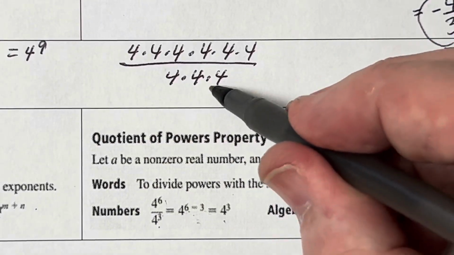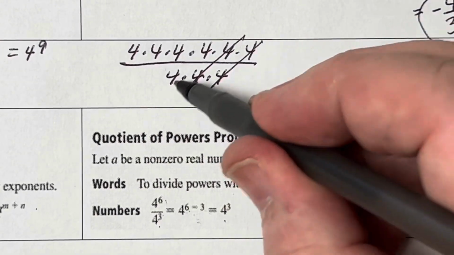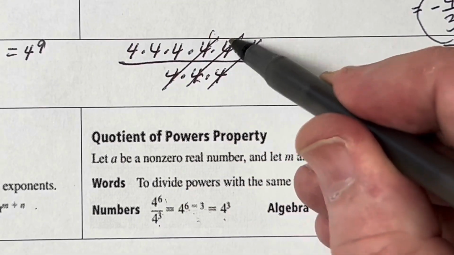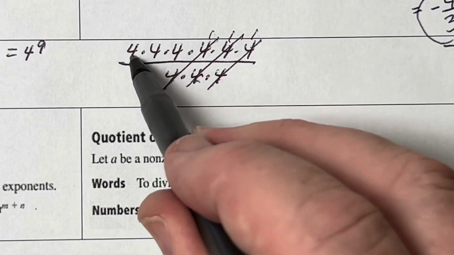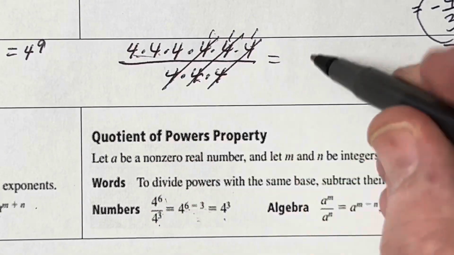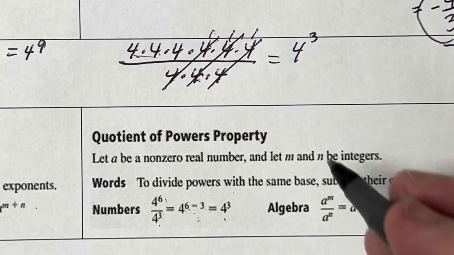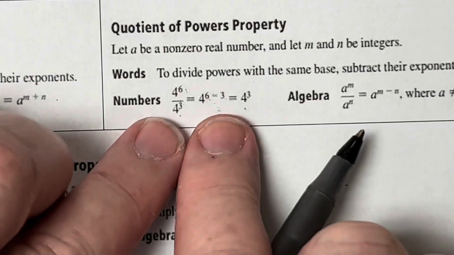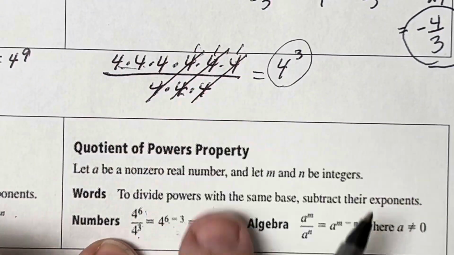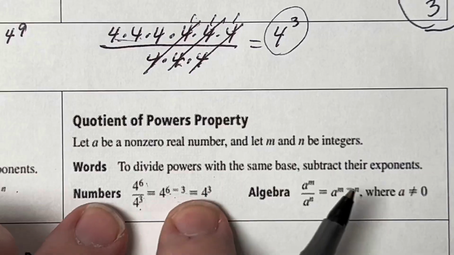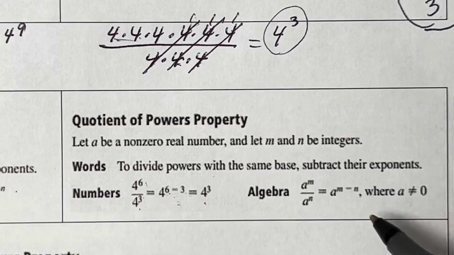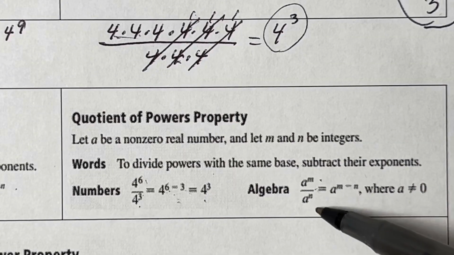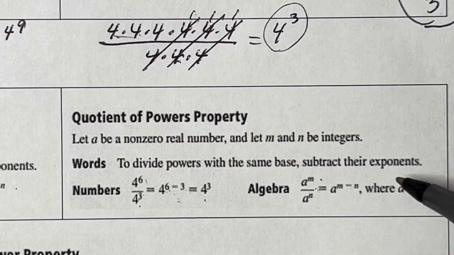What would happen is these 4s would cancel out through division. 4 goes into 4 once. And then we end up with 1, 2, 3, just 4 to the 3rd power times 1, and then we can evaluate it from there. So this is just a shortcut version where we don't have to expand it out. You just take your exponents and subtract them to get 4 to the 3rd. Algebraically on the star chart, that would look like a to the m divided by a to the n equals a to the m minus n.